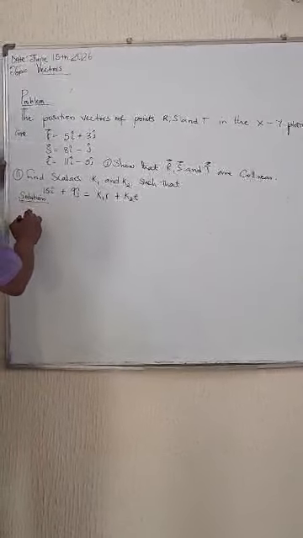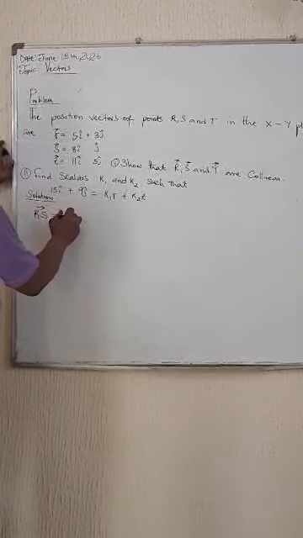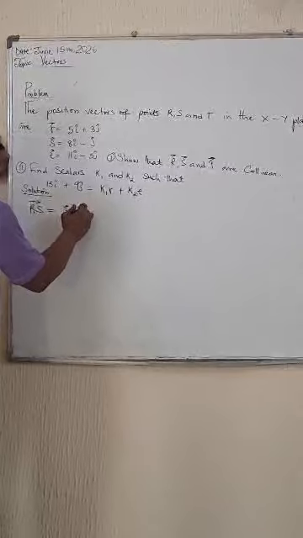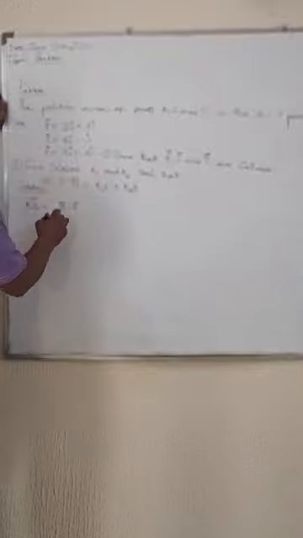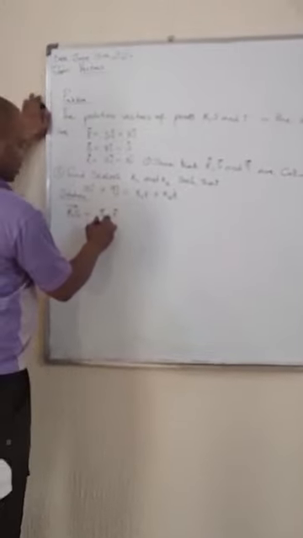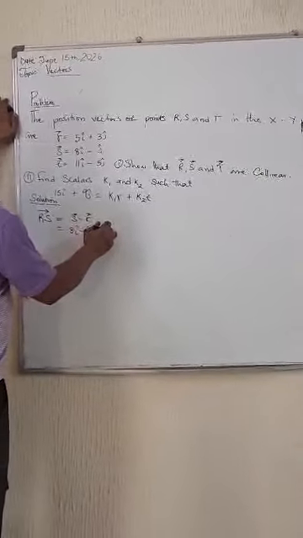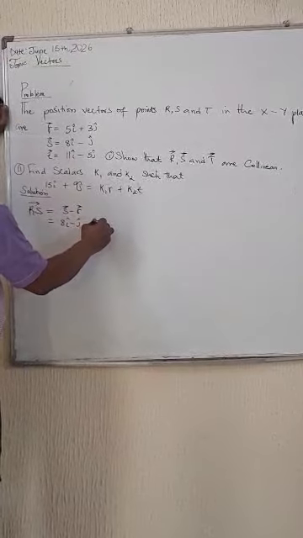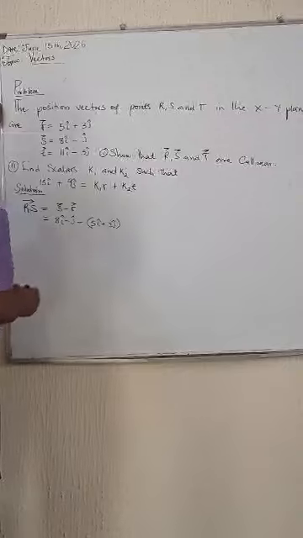We know that rs will be vector s minus vector r, which will be equal to 8 i hat minus j hat, then minus vector r, which is 5 i hat plus 3 j hat.